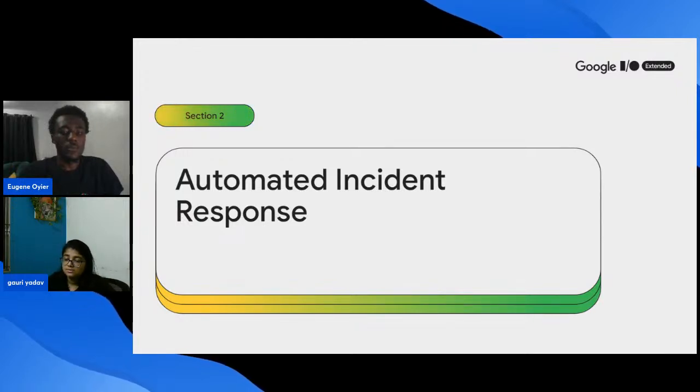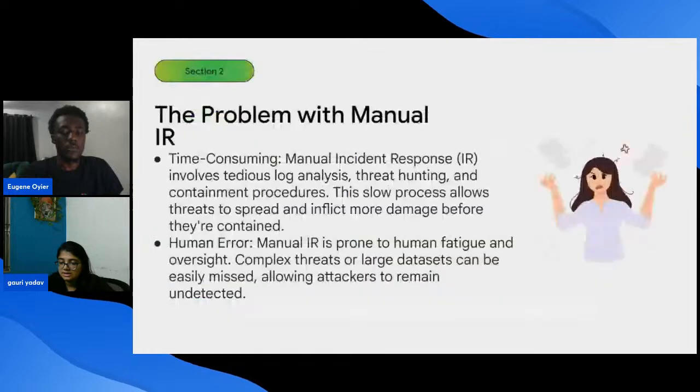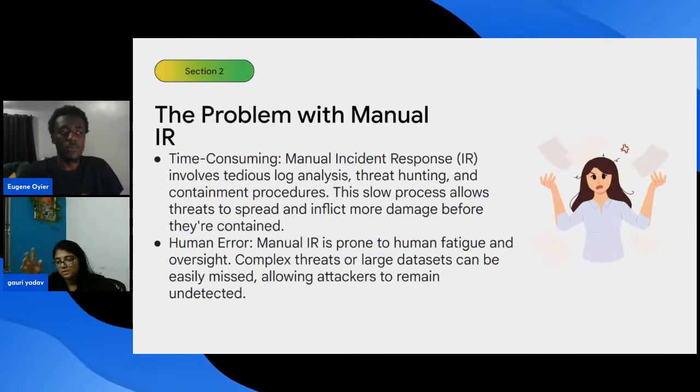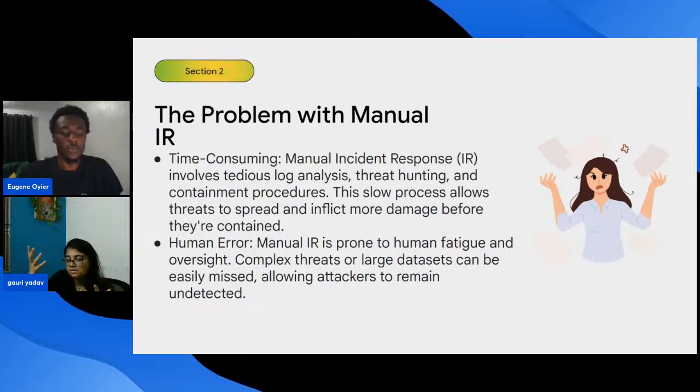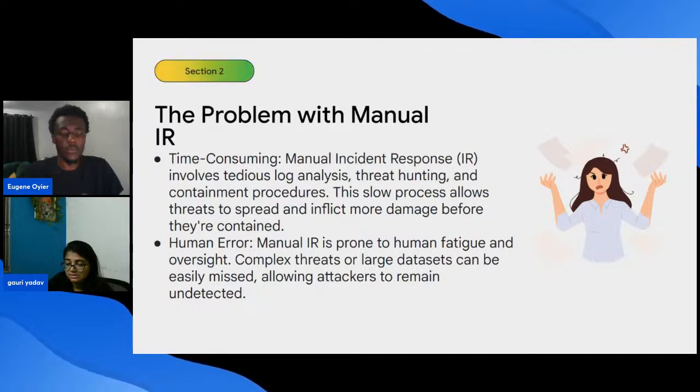Let's first understand what incident response is, then what the problem was, what measures we took, and how to overcome it. So what is incident response? Incident response involves identifying, managing, and mitigating security incidents. It has several phases. First we prepare.